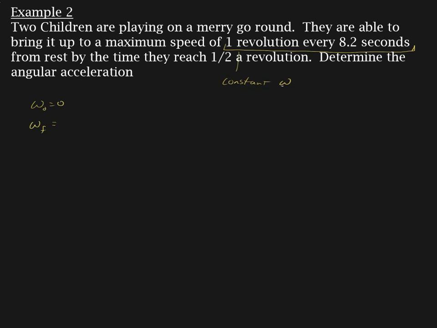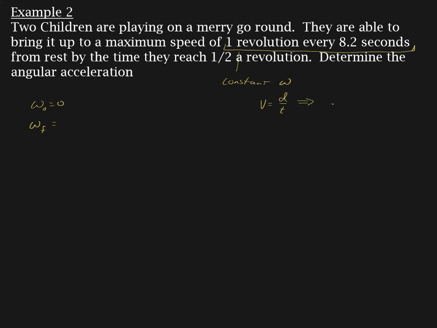Okay, so because it's a constant omega, then we can just use our definition for average angular velocity. And that is, well, you'll recognize it more from translation. So we would say that v is equal to d over t.